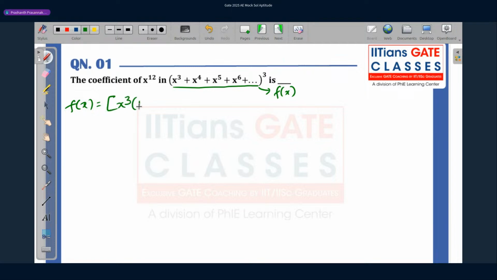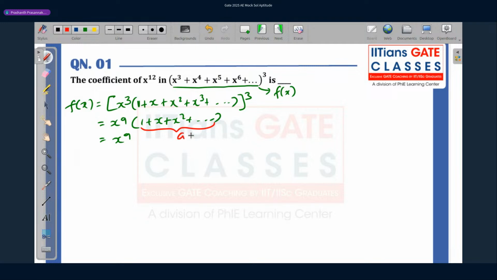So it's going to be x cube into 1 plus, from x raised to 4, if I take x cube out, it's just x square plus x cube and so on, the whole cube. So this will come to x cube the whole cube, which is x raised to 9 into 1 plus x plus x square plus so on. And this I can write as this thing.